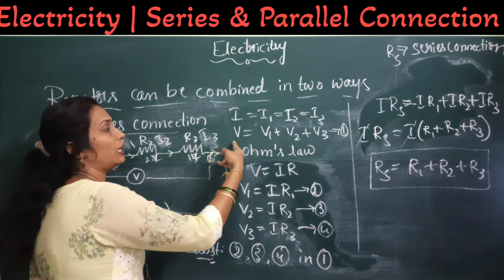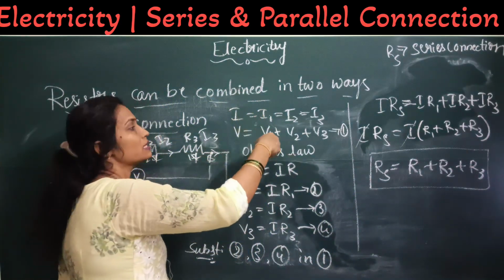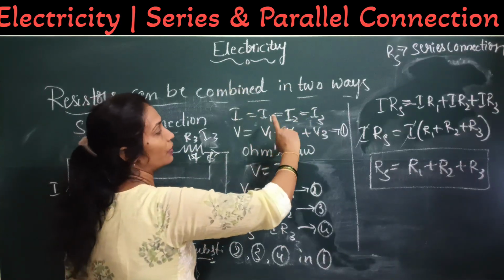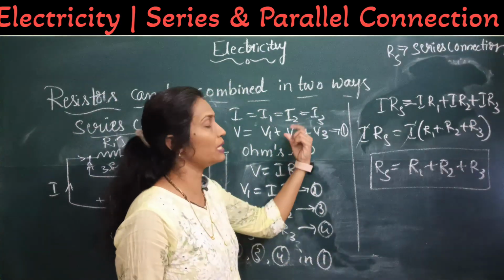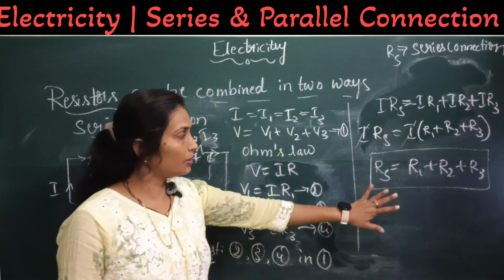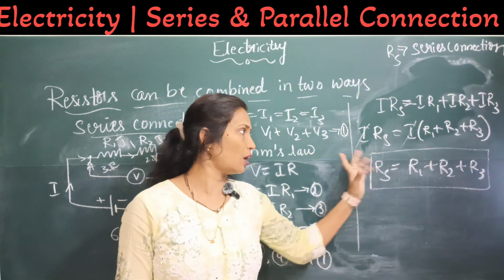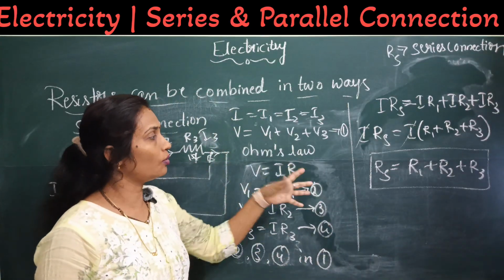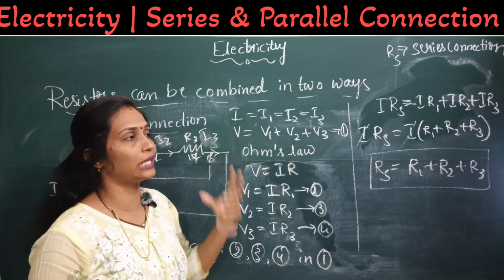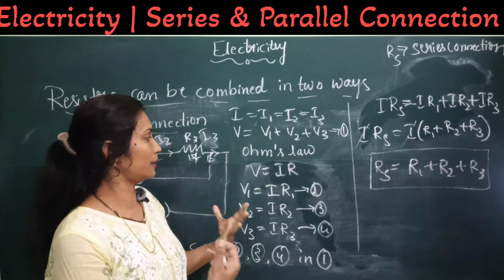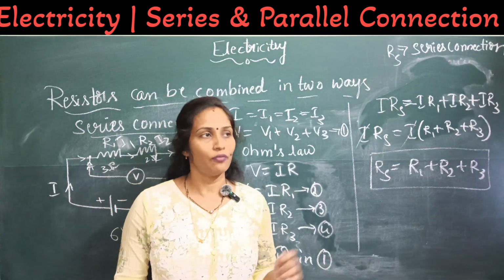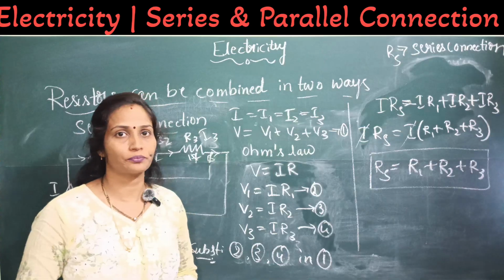The total voltage V is just the sum of the distributed voltages, V1 plus V2 plus V3. We'll solve some numericals on this topic, and you will come to know how resistance, voltage and current are calculated using series connection.